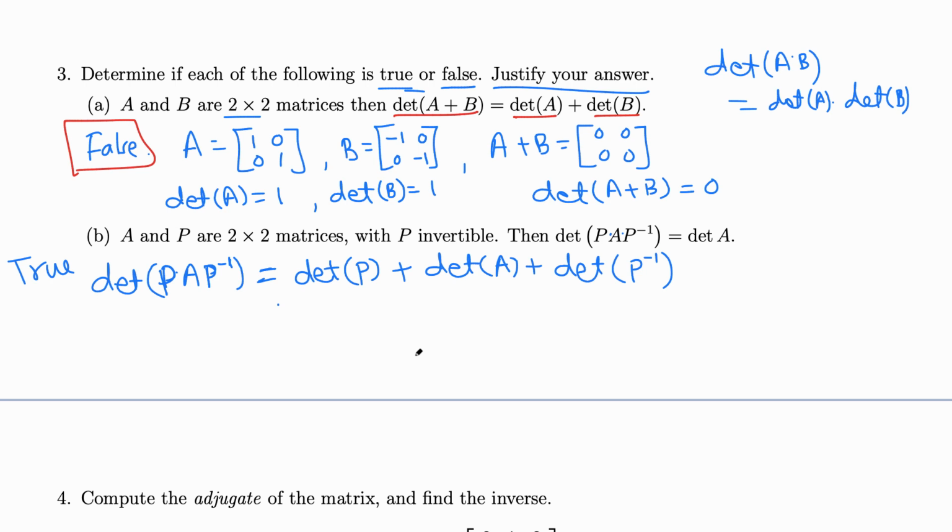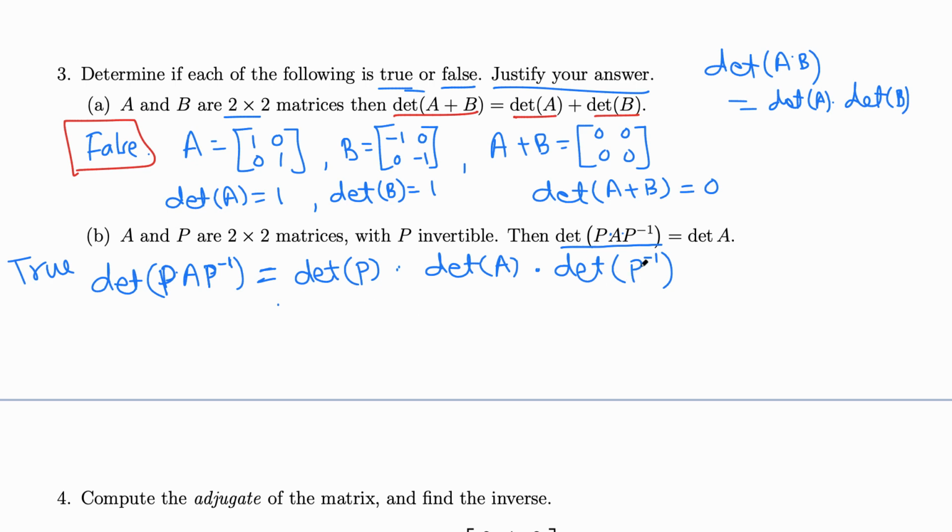Oh my bad, the determinant of a product is the product of determinants. Look here, this is not a sum, the sum is false, so I meant the product. Now we started from the left side, and we are trying to get to the determinant of A.